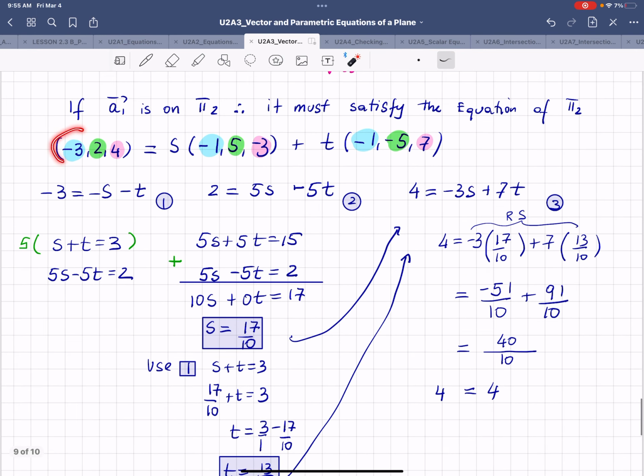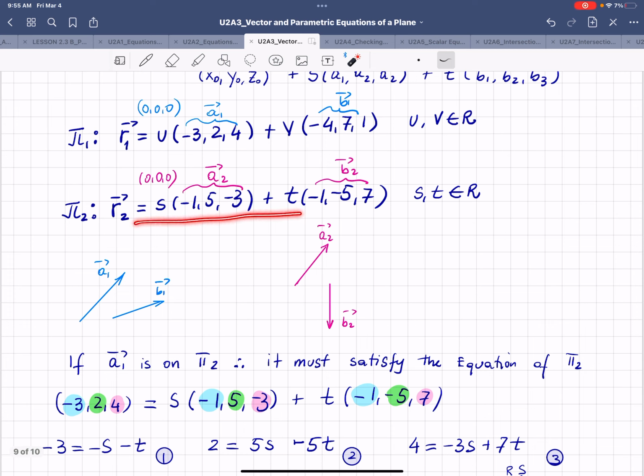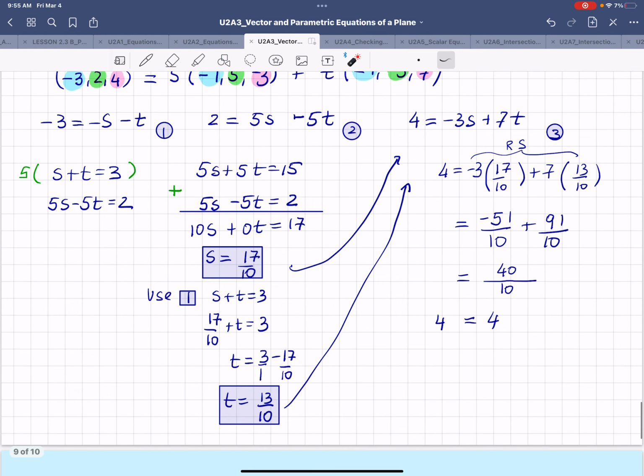And that tells us that point negative 3, 2, 4, or the direction vector A1, fits into the second equation, which means that A1 lies on plane pi 2. If A1 lies on pi 2, B1, which already lies on the same plane as A1, must be on plane pi 2. So therefore, we're going to say that the equations of pi 1 and pi 2 represent the same plane.